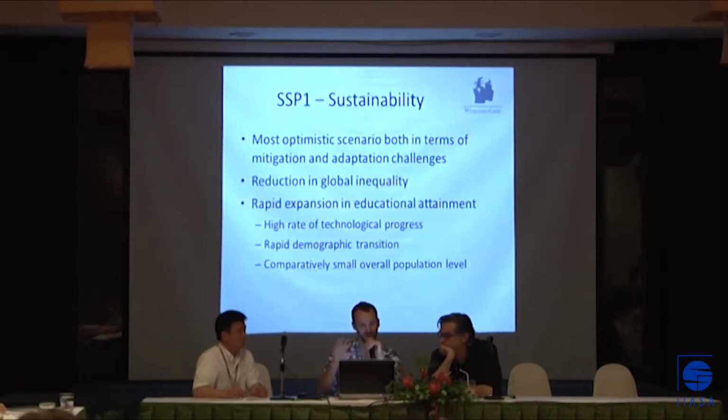The sustainable development in SSP1 will be accompanied by a rapid expansion in educational attainment, which will lead to a high rate of technological progress, a rapid demographic transition, and as a consequence of that, a comparatively small overall population level.